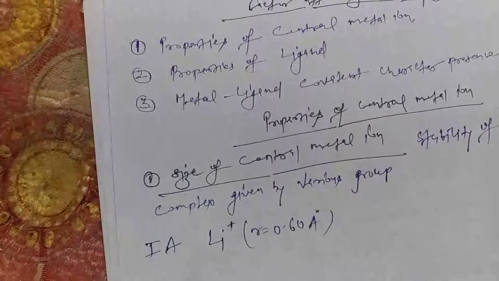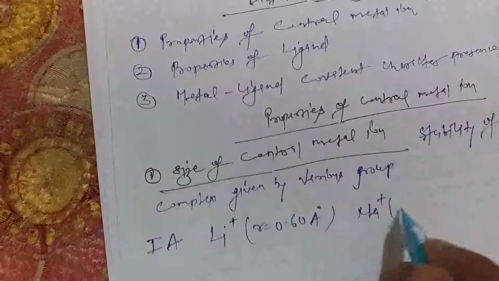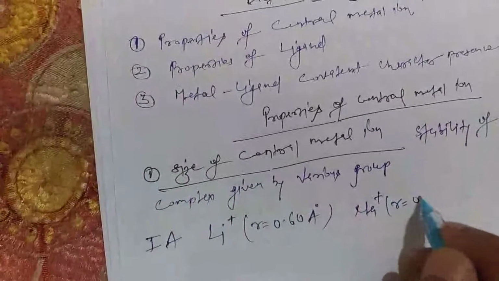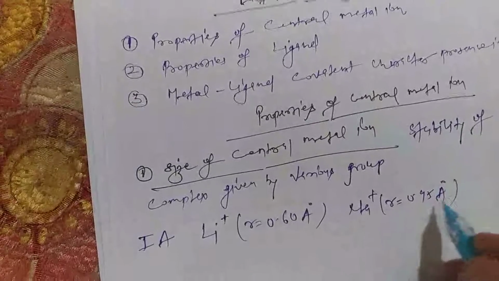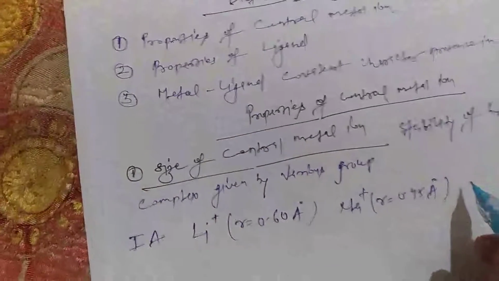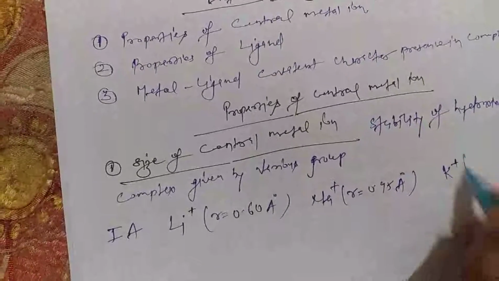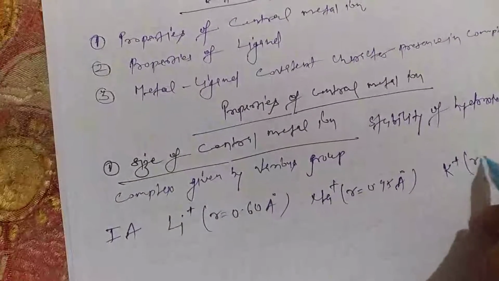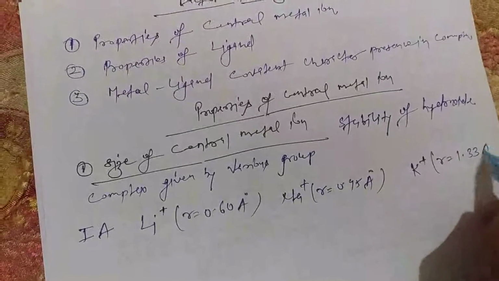And then the second one in that group is sodium, which has a size quite bigger than lithium. Then the next is potassium, which is again bigger, with a size of 1.33 angstrom.